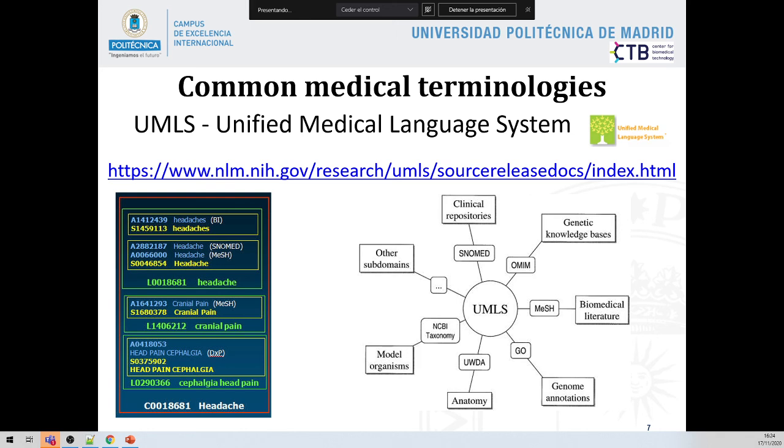And it also has different tools, for example, for natural language processing. It can be MetaMap or SemRep that allow us text mining of biomedical text. Also, there are several codes regarding lexical terms or strings or atomic entities.